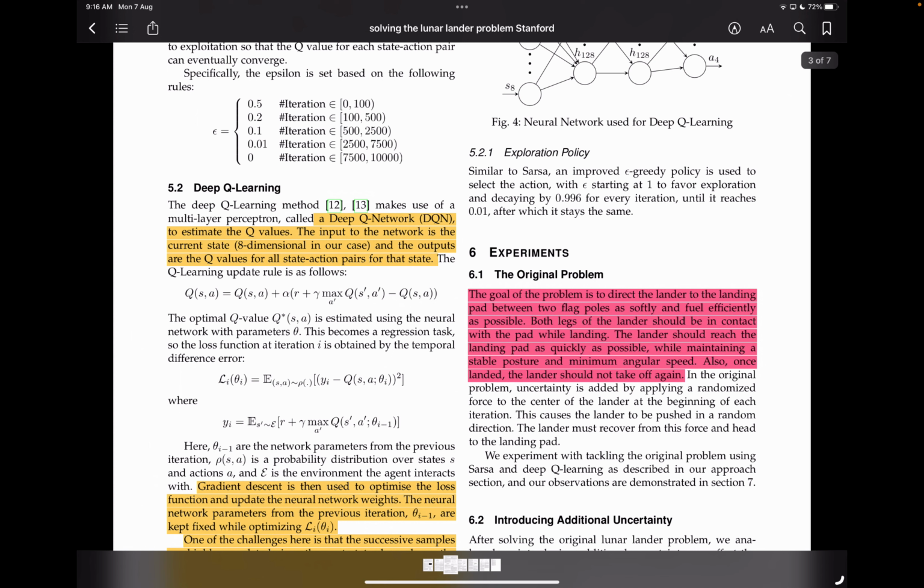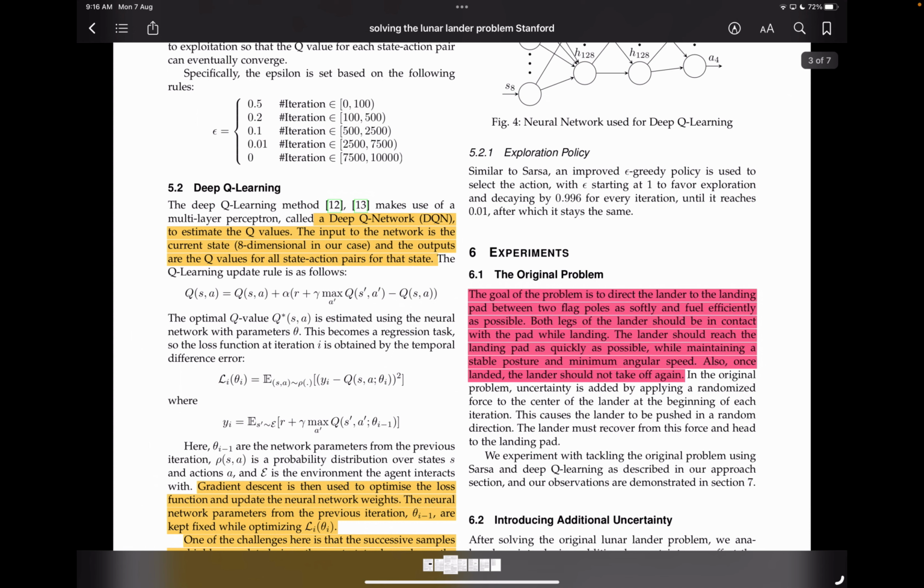It's given as Q(s,a) equals Q(s,a) plus alpha, the learning rate, times R, the reward, plus gamma times the maximum over the next action of Q(s',a'), that is the next state and the next action, minus the current Q(s,a), right?